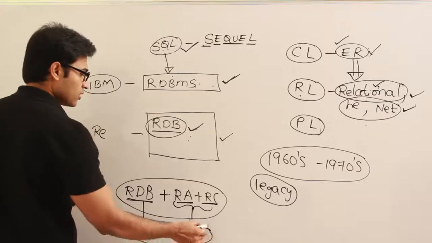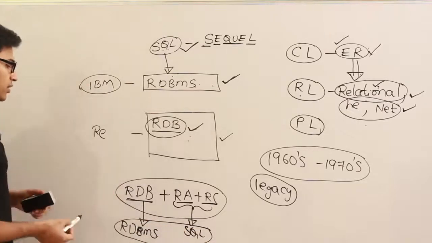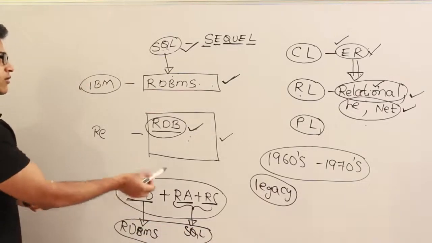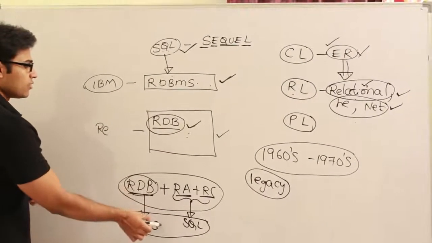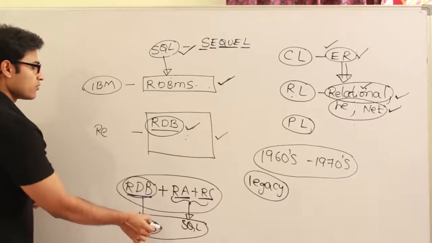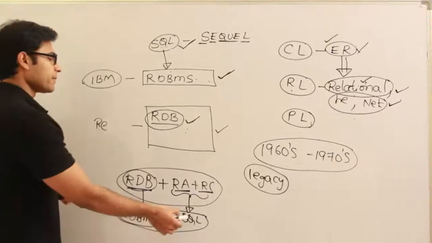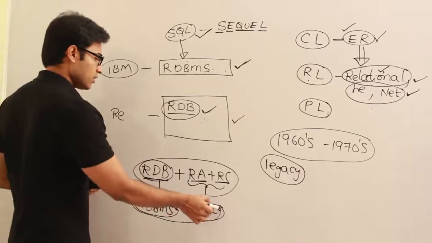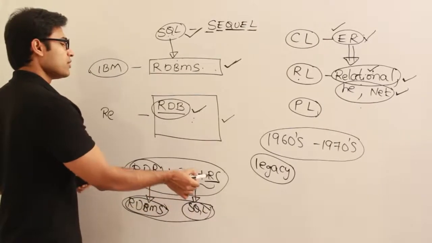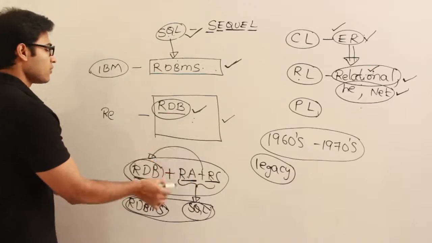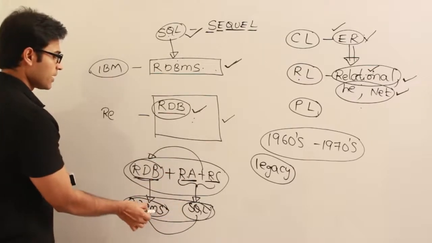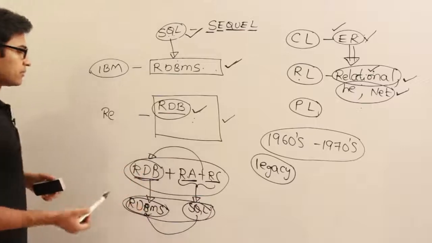So in order to use this practically, you design in the ER model and then convert it to the relational model, then install any relational database management software, and you can use SQL, which is an implementation of relational algebra and relational calculus, to query the database through the relational DBMS.